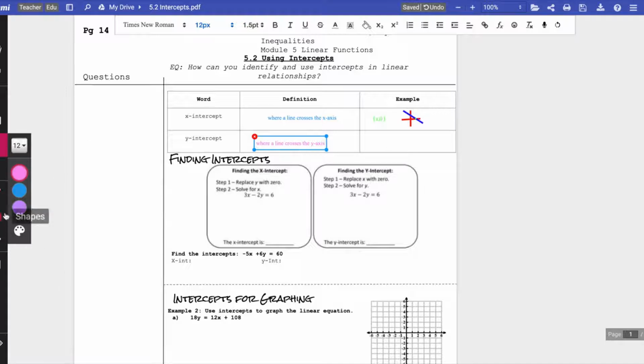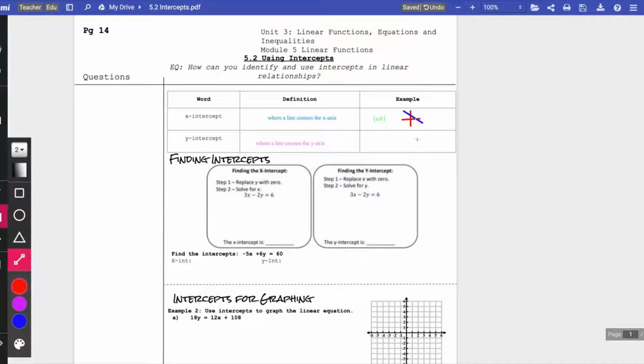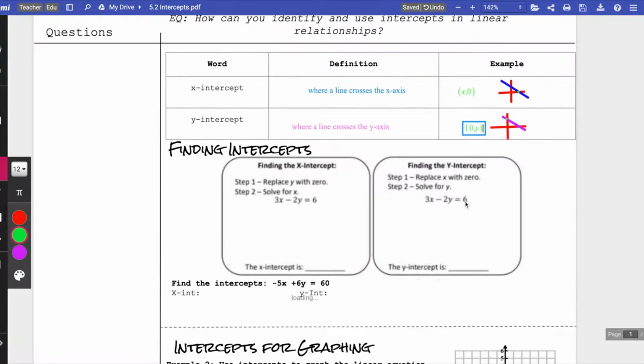Okay, and again, if I draw that graph, the y-intercept is where it crosses the y-axis, which in this case would be right there, and that is the point that has 0, sorry, 0, y. Okay, so that's how you identify the x-intercept and the y-intercept.